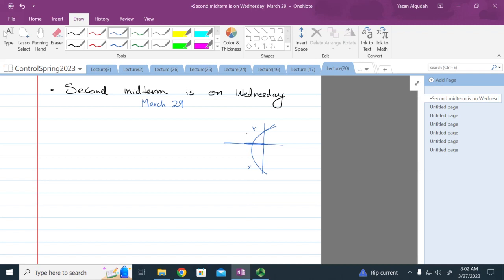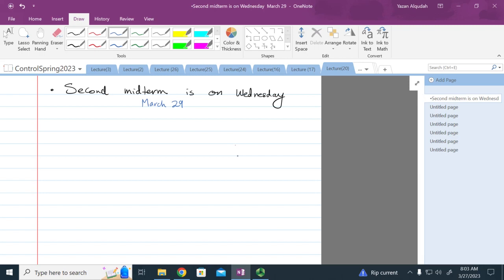So in order to operate at these points, we said we have to change the dynamics of the system. We have to add poles and zeros such that the new root locus is going to pass through these poles and I will be operating at these points. Is that clear, everybody?